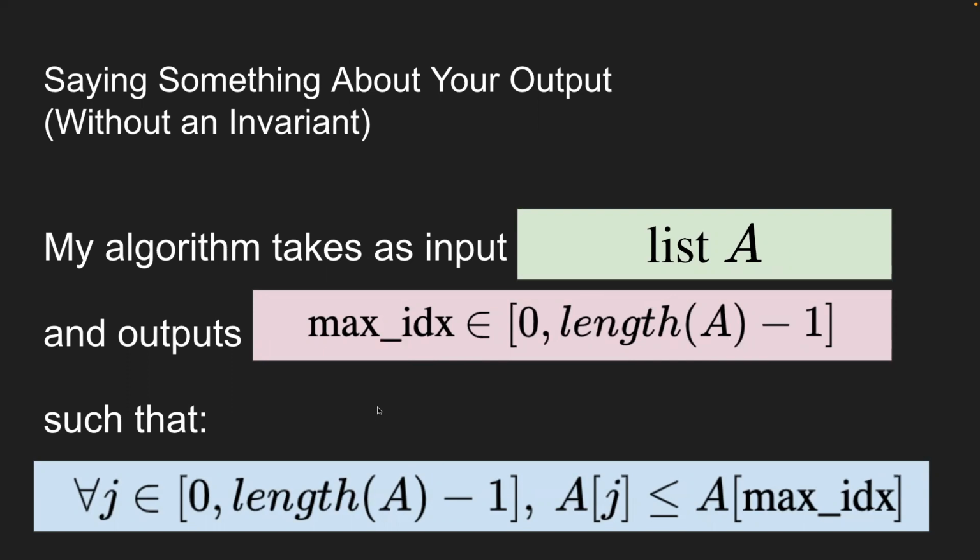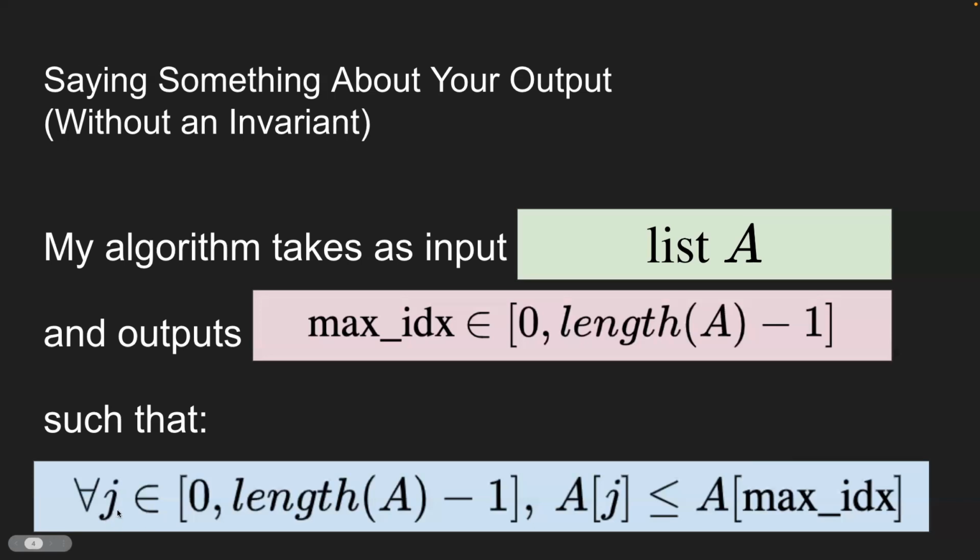If it's the index of our maximum number, we basically want to say that the element at that index, A at max index, is going to be the greatest number, larger than all of the other numbers in A. So now I can use my formal way of describing things to say that.